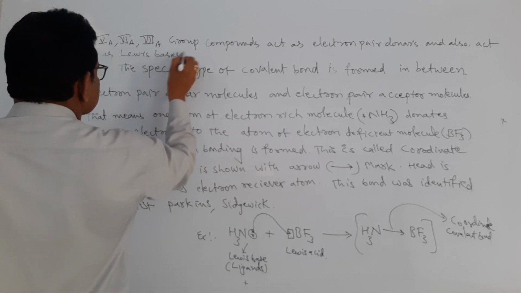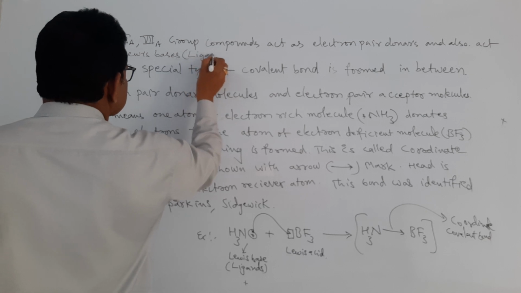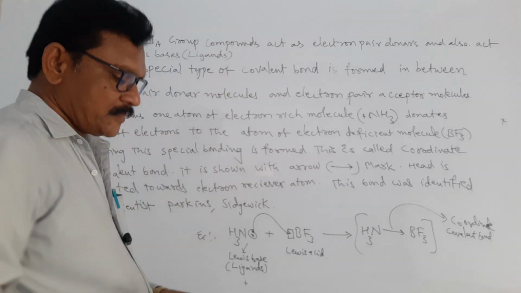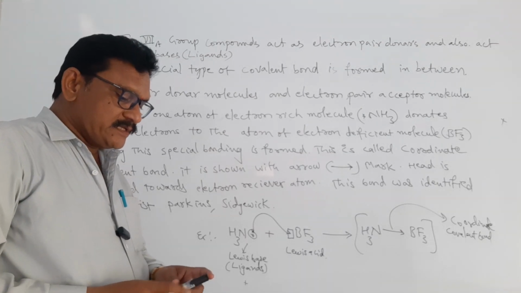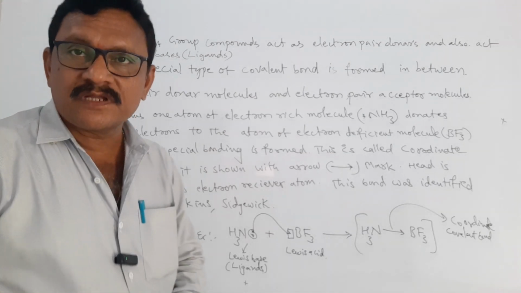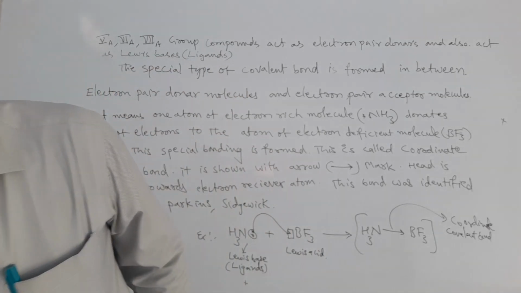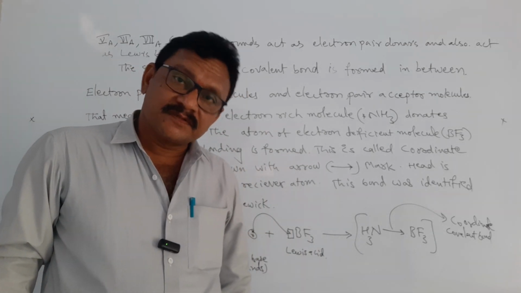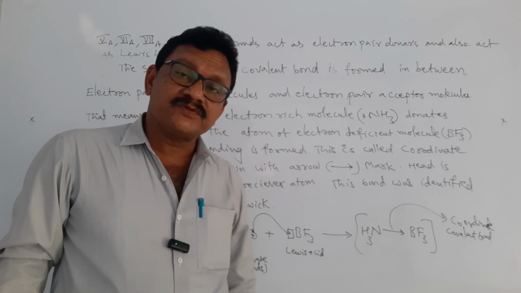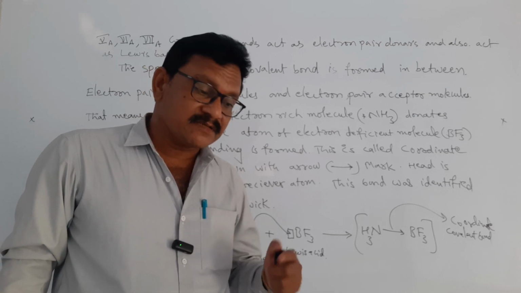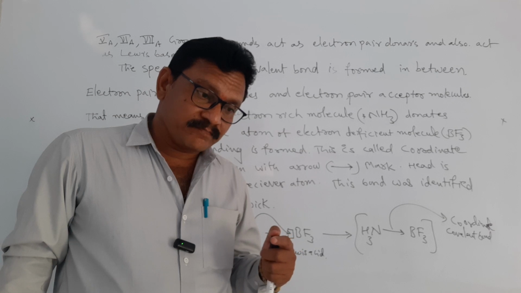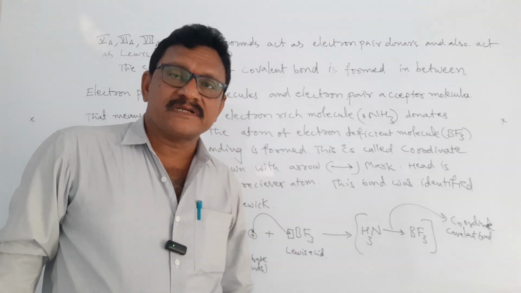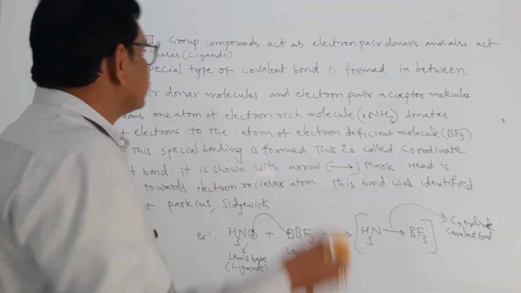Lewis bases in the sense, you remember a new word, that is ligand. So whatever the electron pair donor molecules act as Lewis bases, and those donor molecules are newly called ligands. This term you will be hearing in the chapter on coordination chemistry or metal complexes.